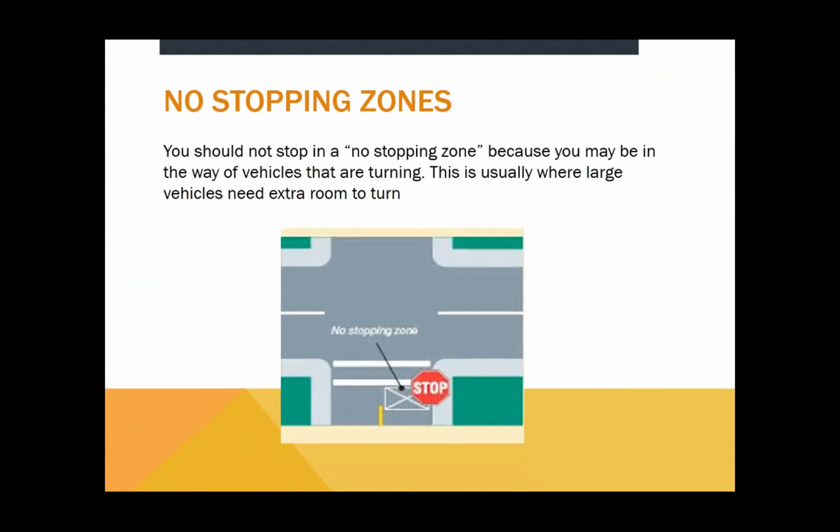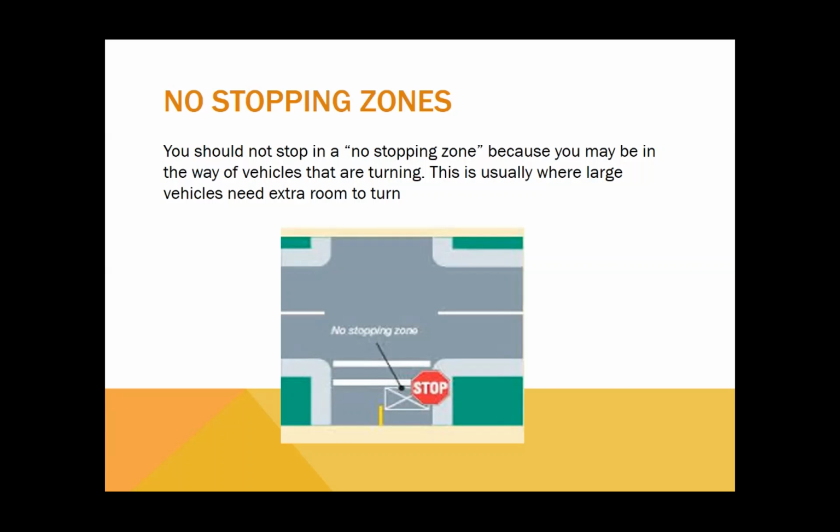There are also no stopping zones. These are also marked with an X, but it's an X with a closed box around it. This one doesn't necessarily mean there's a railway crossing; it means there's no stopping in that zone. You'll often see these in bigger intersections coming from a busier road, usually to allow for bigger trucks.